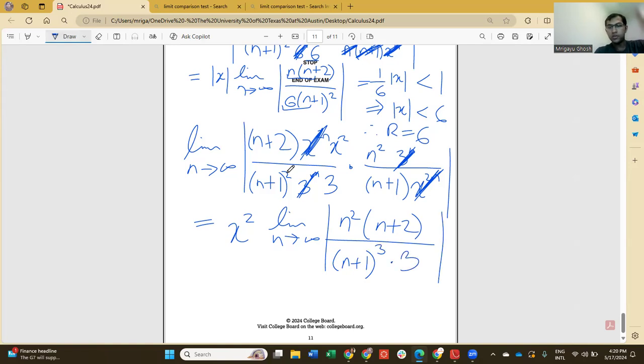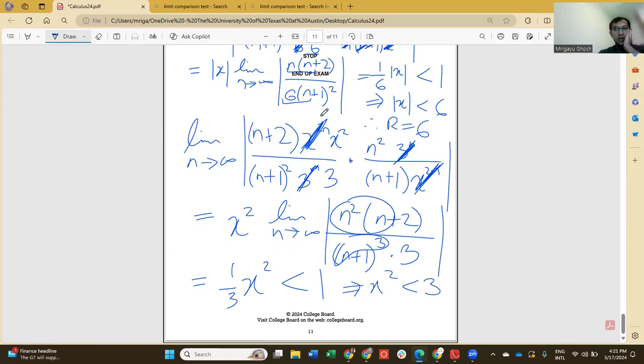Cool. So then, of course, we know that as n approaches infinity, we look at the highest leading terms, n cubed, n cubed. So this expression is going to approach 1/3 as n tends to infinity. So we're going to have 1/3 x squared, which of course has to be less than 1, which means x squared is less than 3.